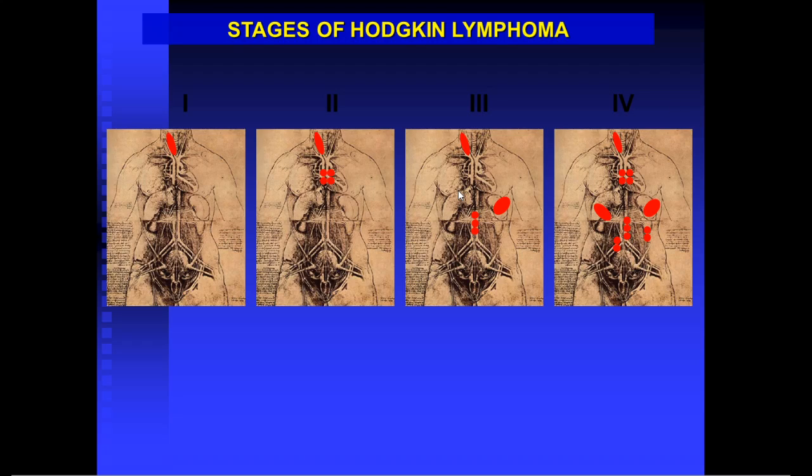The third stage is when we have two focuses or an affected organ, like the spleen for example, but these focuses are separated by the diaphragm. And the fourth stage, clinical stage, is when we have multiple affected focuses on both sides of the diaphragm.